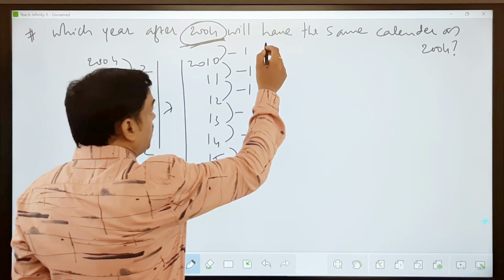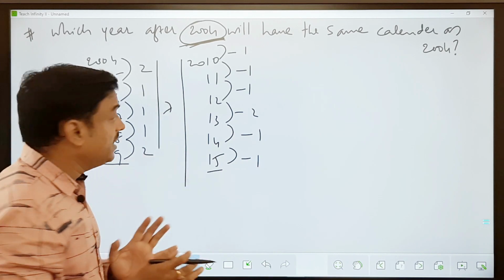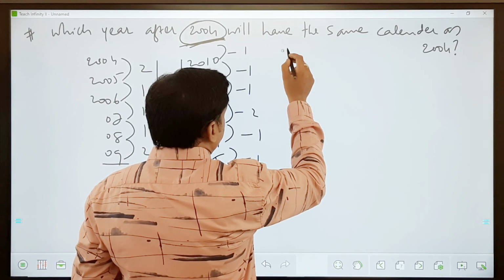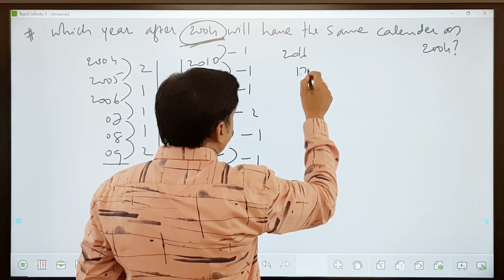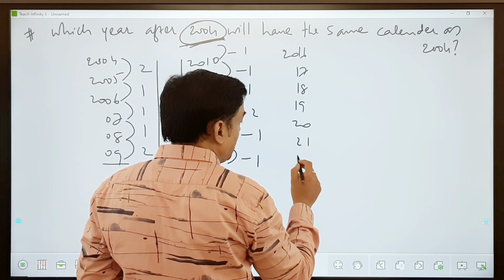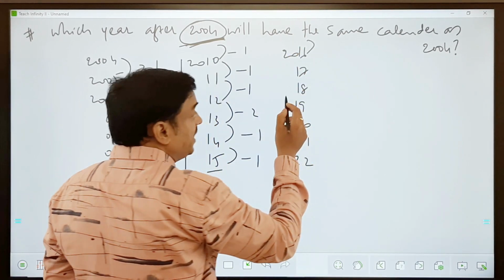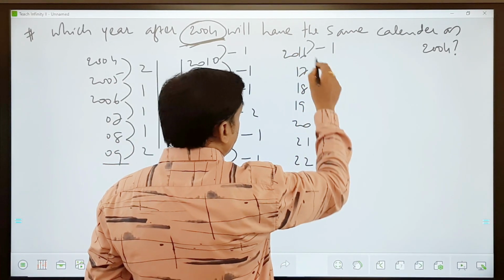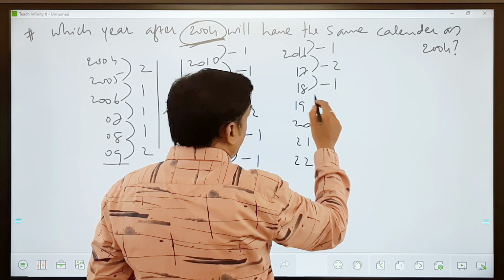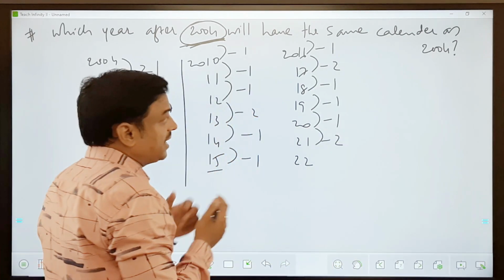So I got a total of 7, but ending with a non-leap year. So I should continue doing this. 2016, 17, 18, 19, 20, 21, 22. Now 2015 to 16 will again be 1 and then 2, then 1, then 1, then 1 and then 2 here. And get the total please.